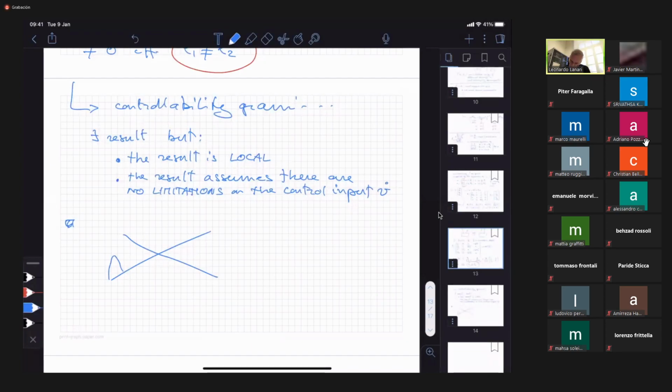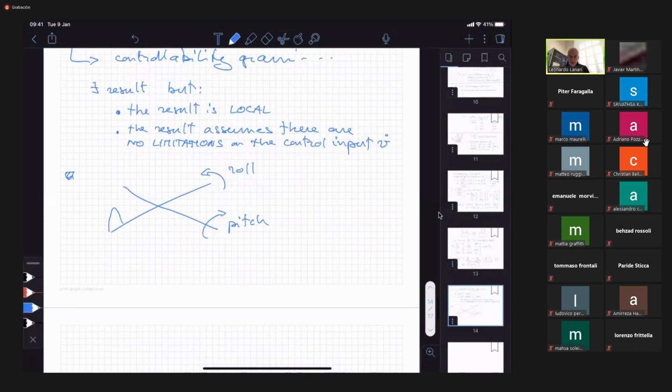You have a roll and you have pitch. Again, the dynamics of an airplane are rather complicated, but you could see just some motions.